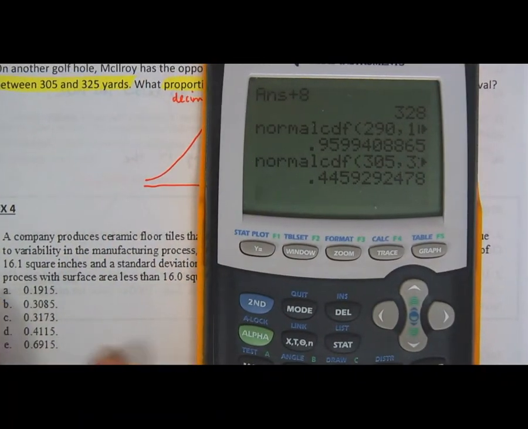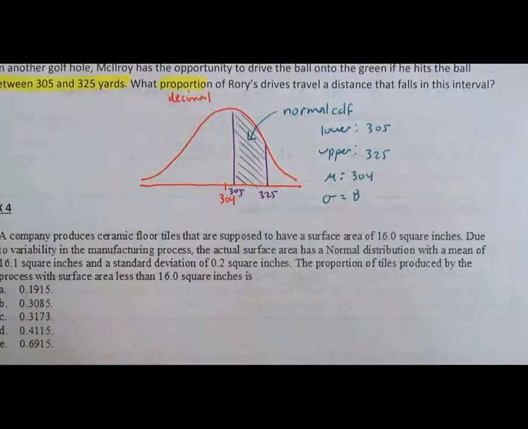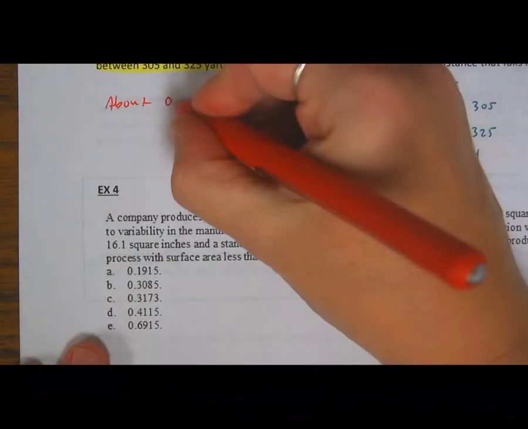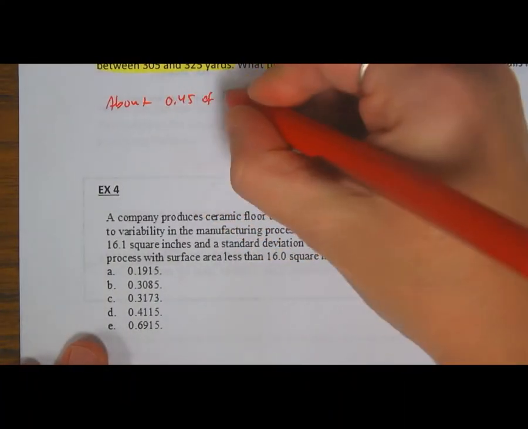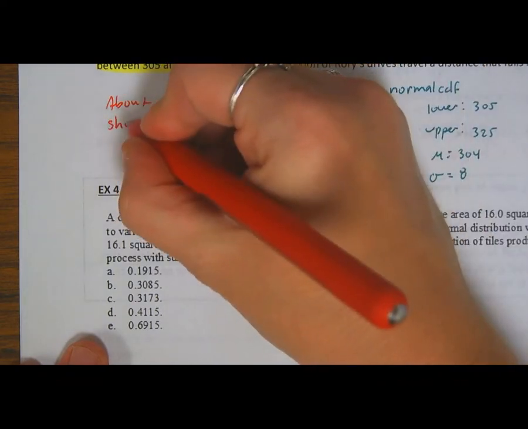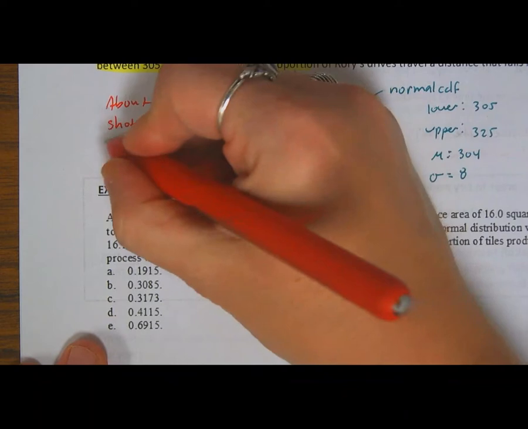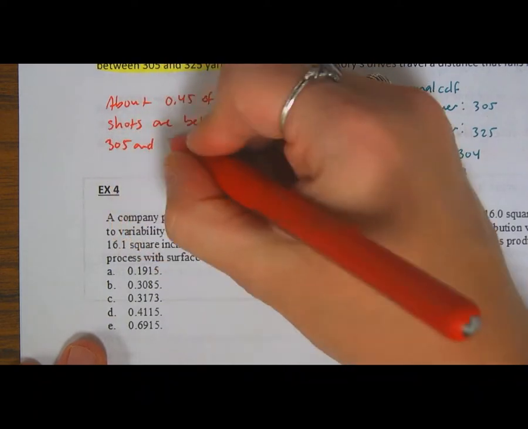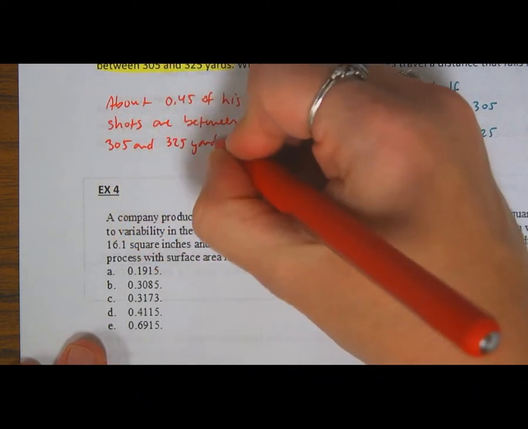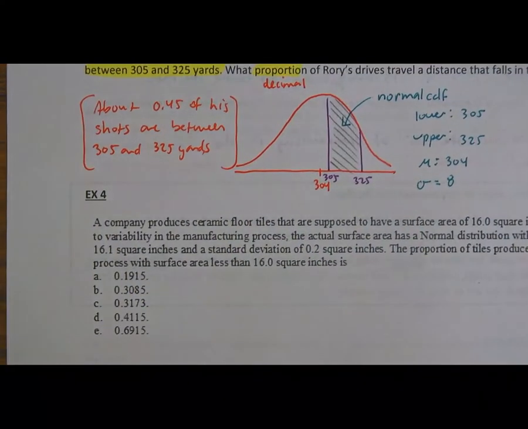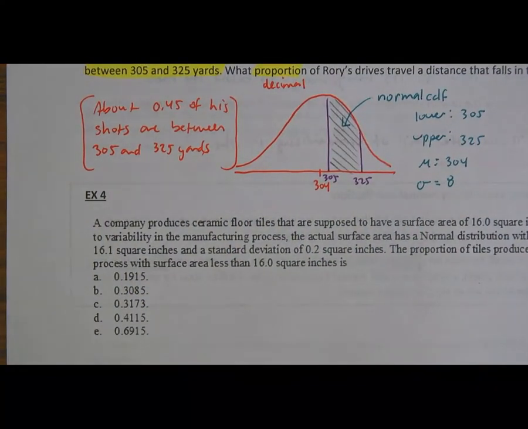About 0.45 of his shots are between 305 and 325 yards. So if I asked you how likely it is, he's got less than 50% chance, so maybe not so hot.